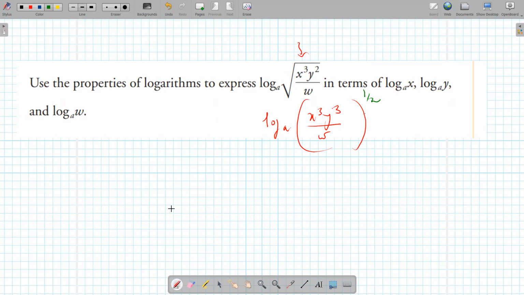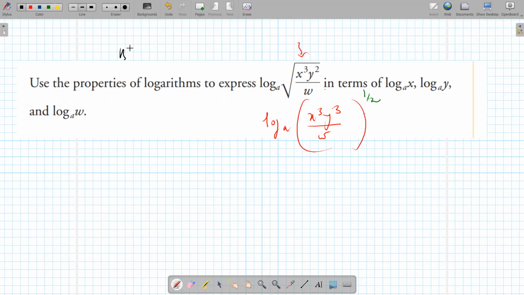There's 3 laws that we can use, right? The power, the multiplication, the division. What would be the best? The multiplication? Nope. You first need to bring the power down, right?